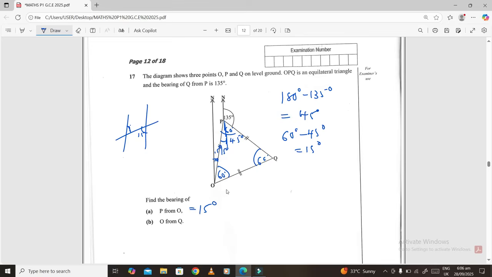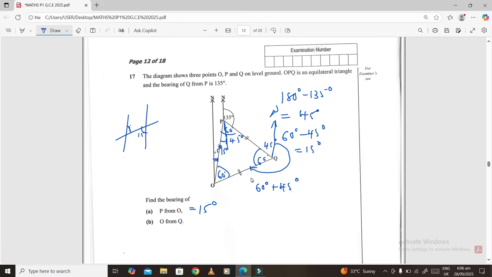For the next question here, they want us to find the bearing of O from Q. So we're going to do our north here. This is north. And then we start moving up until we touch this line which is joining the two. Using this same property, you can see that this is 45 and this is also 45 degrees. So we're going to say 60 degrees plus 45 degrees.